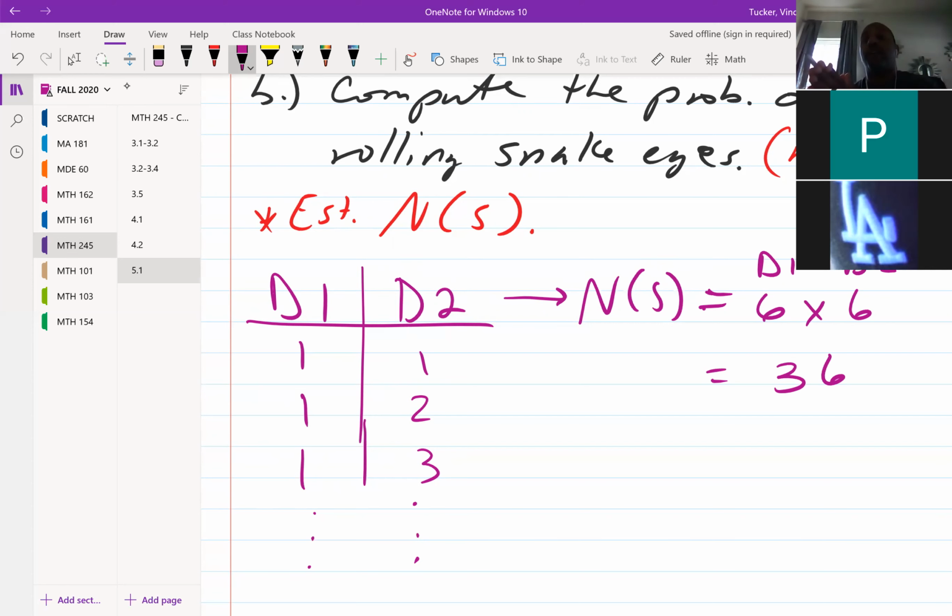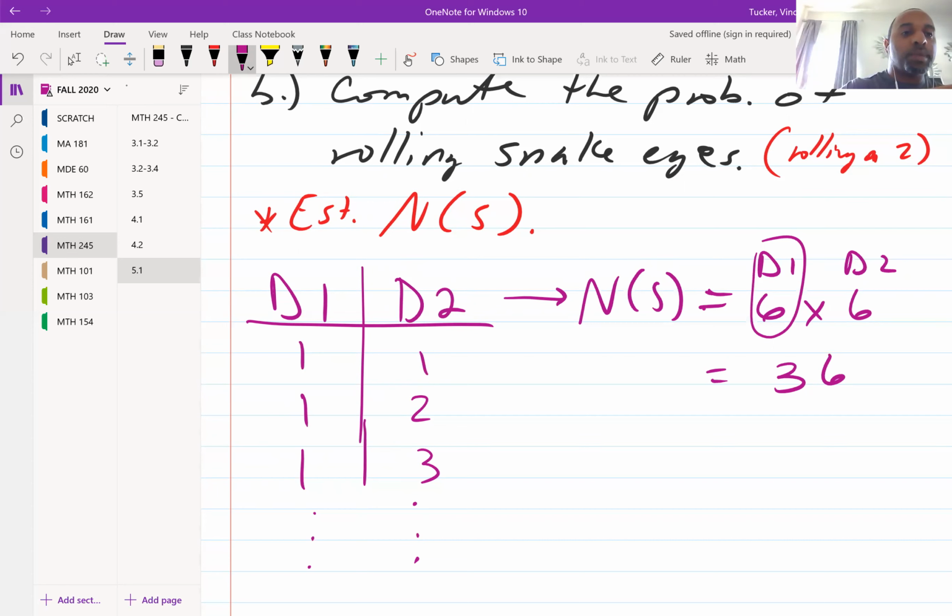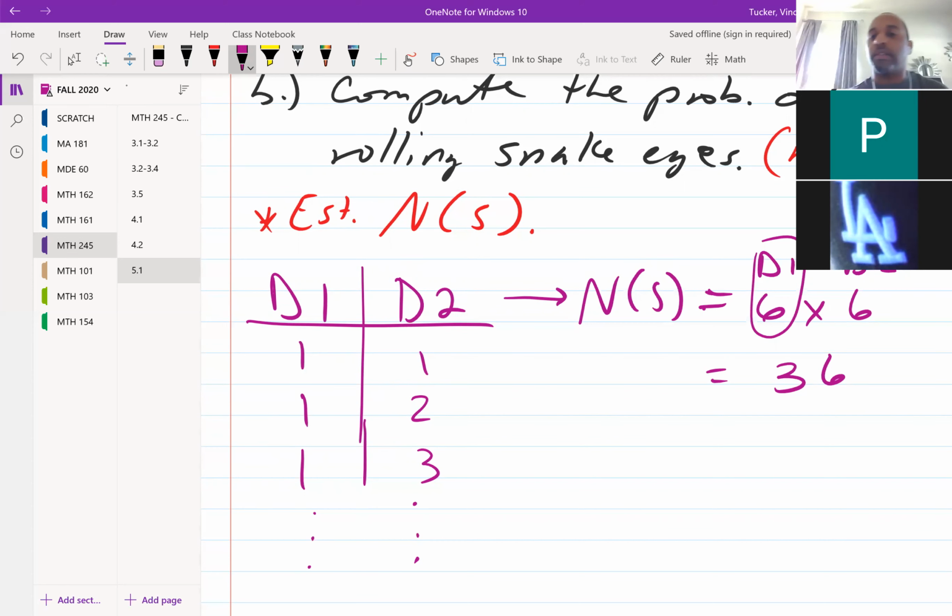Only one option can be chosen on each die. If I roll a die, there's no way for me to roll a 1 and a 2 at the same time. So for D1 you can only choose one value, and for D2 only one value.